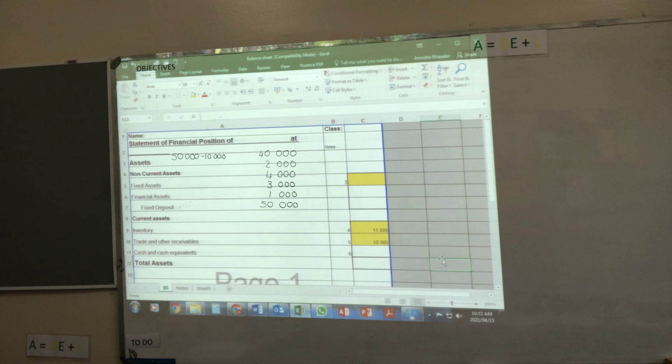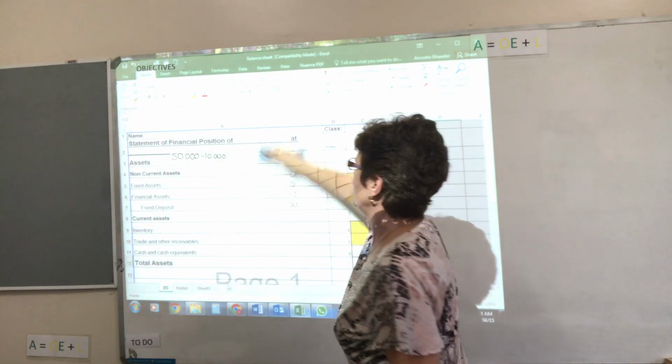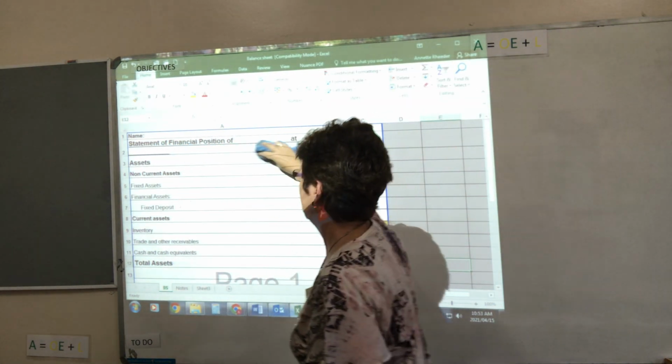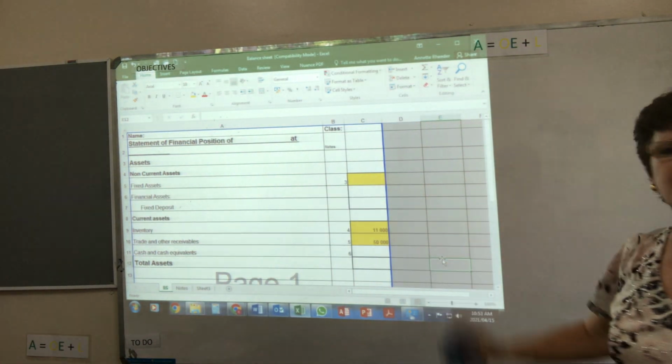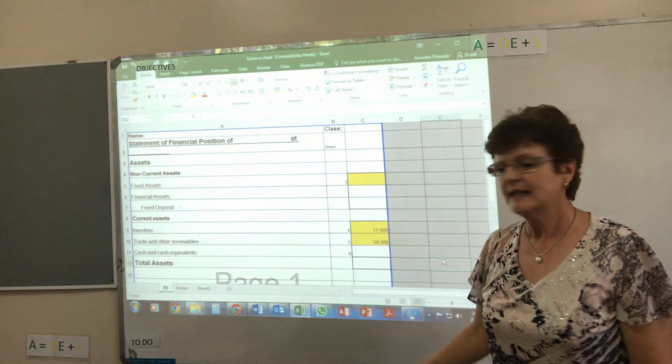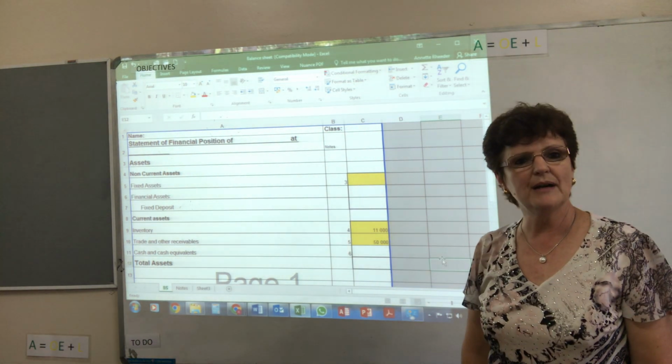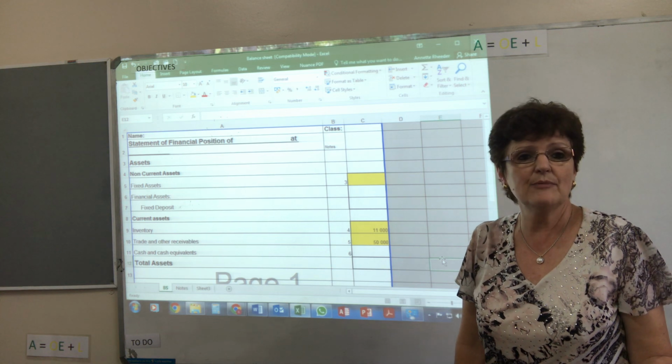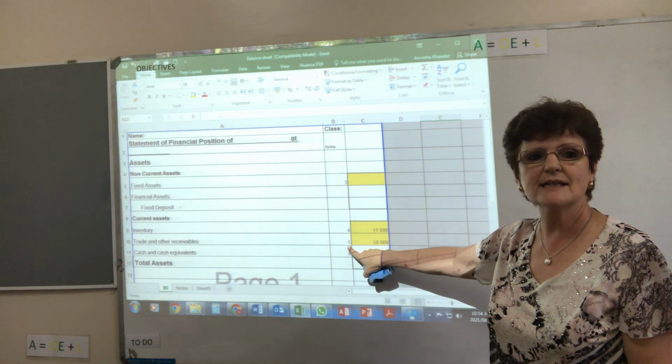And again, can you see that we do not have all of the note information, everything that's in the note, in the face of the financial statement? Here in the face, we only have the one amount. You want to know what it was, where it came from? Look at the details in the note.